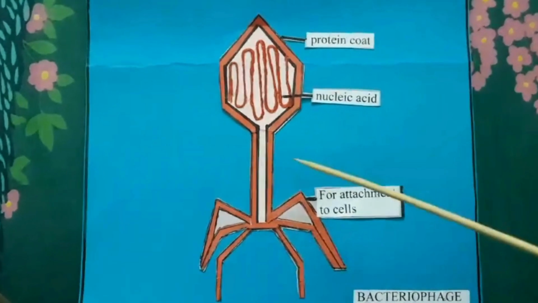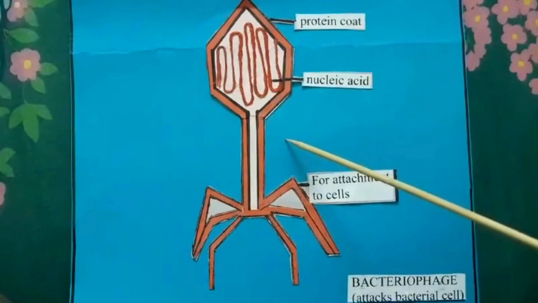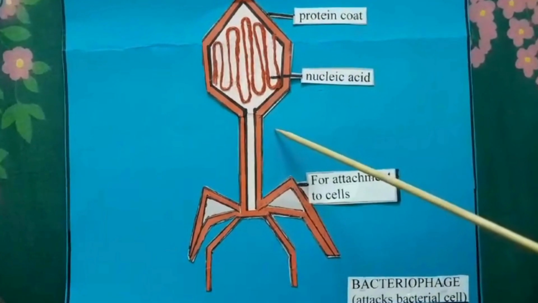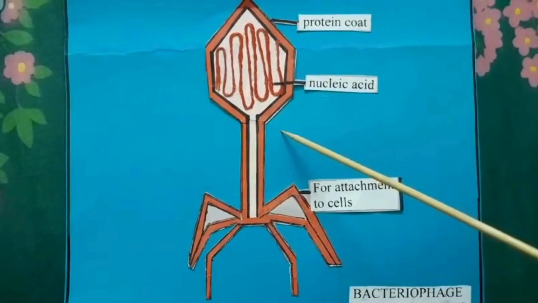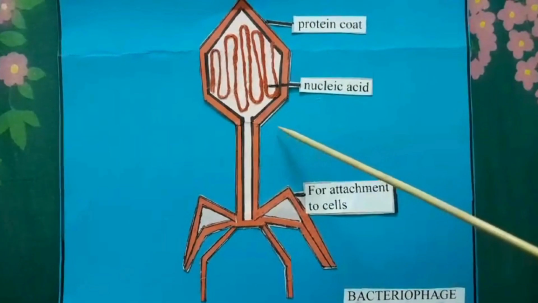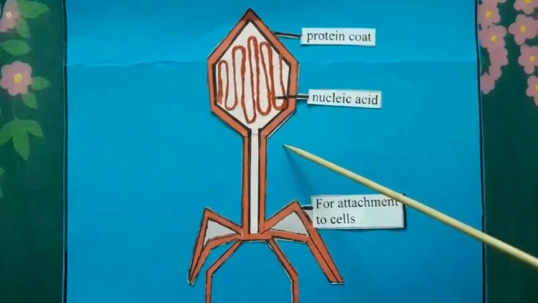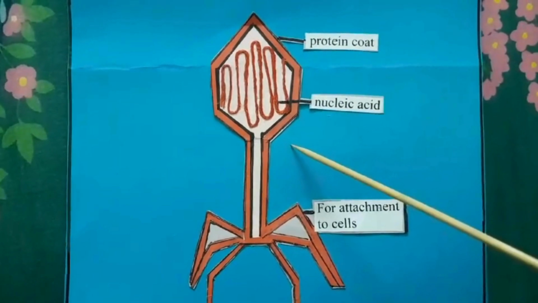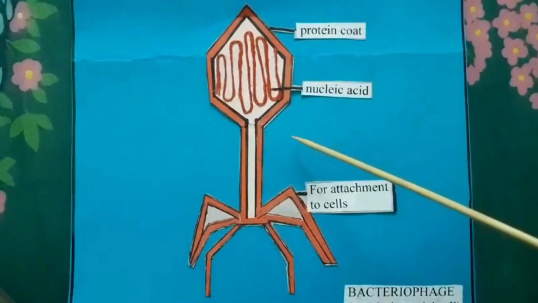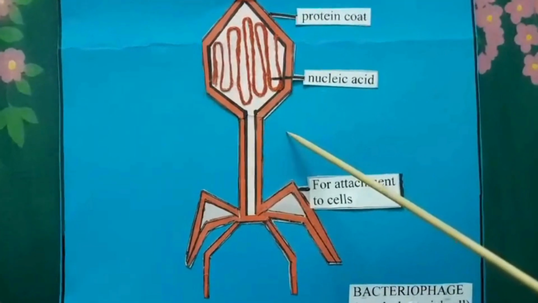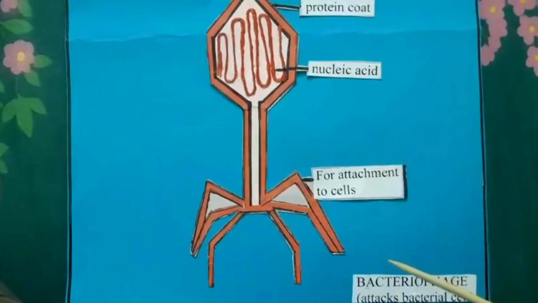We also have a quite common microbe, that is virus. As you know, viruses are non-cellular structures, and they are non-living outside the host cell. Once they enter inside the host cell, they start reproducing and increase their number. The virus which you see is of tadpole shape, and it is called the bacteriophage.